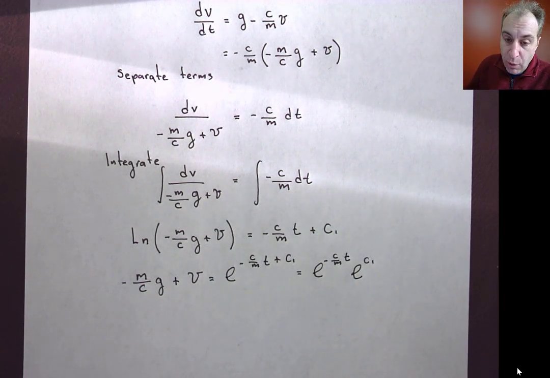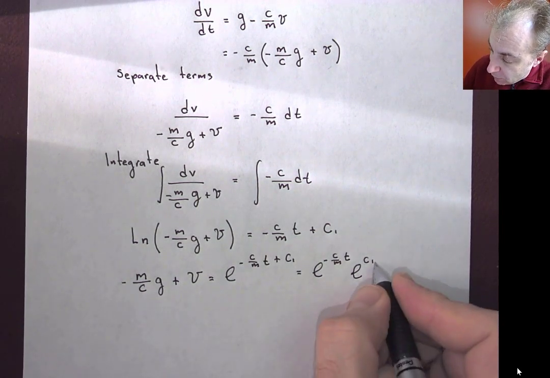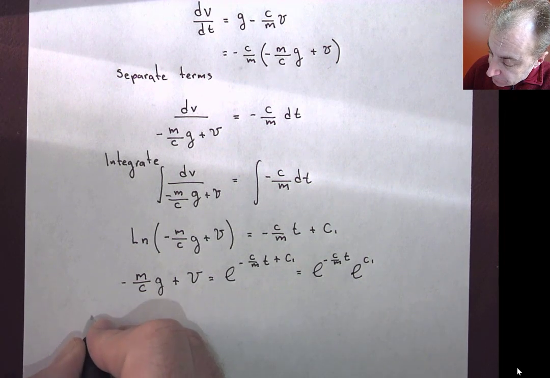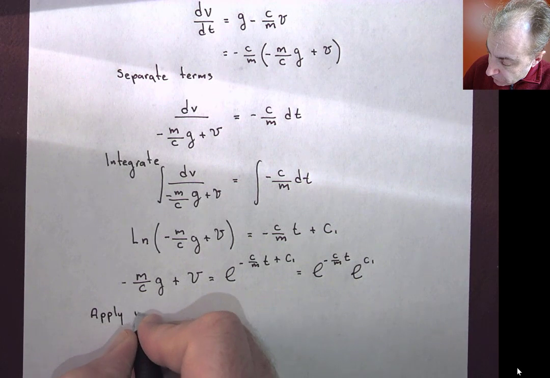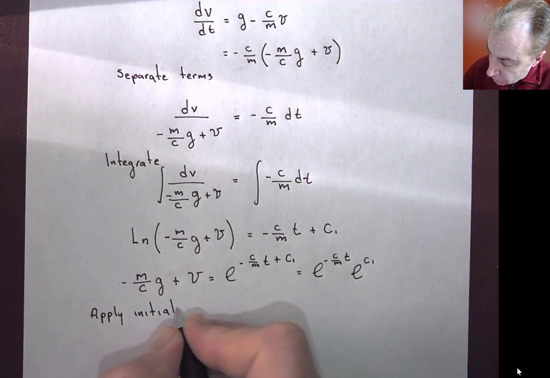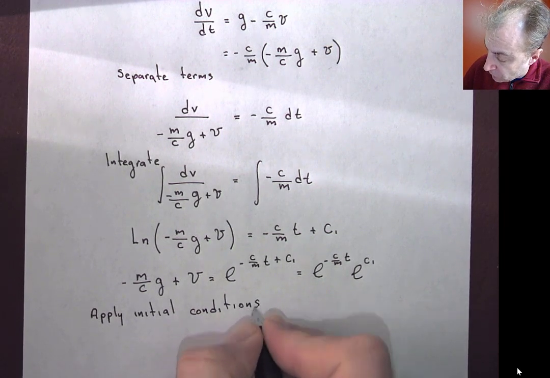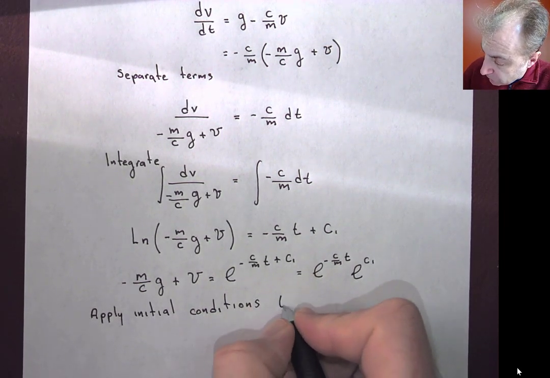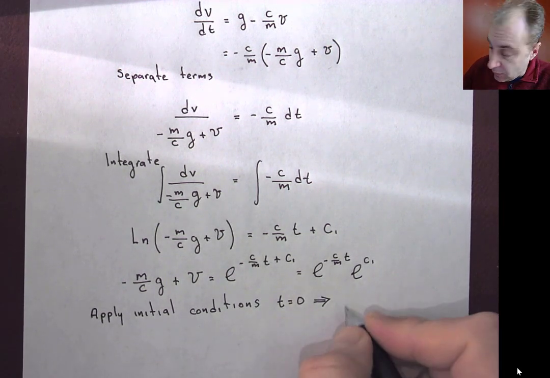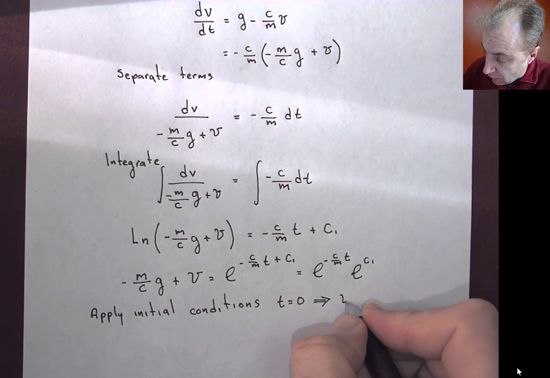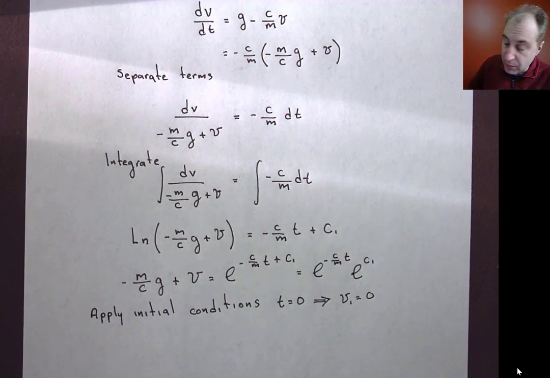Okay, so now we're going to apply the initial conditions to figure out the value of c1. So at t equals 0, we're going to have an initial velocity that we're going to say is equal to 0.